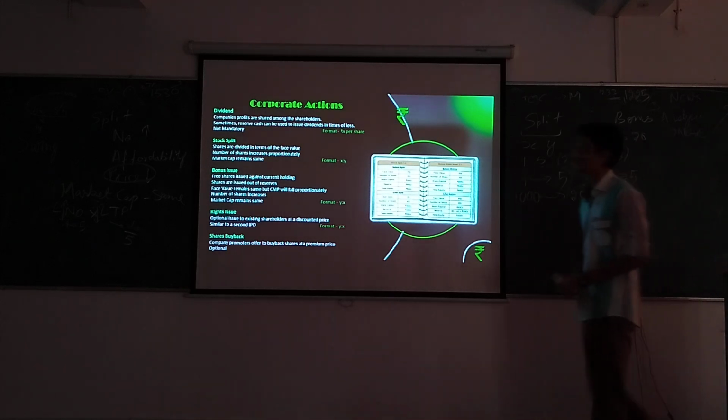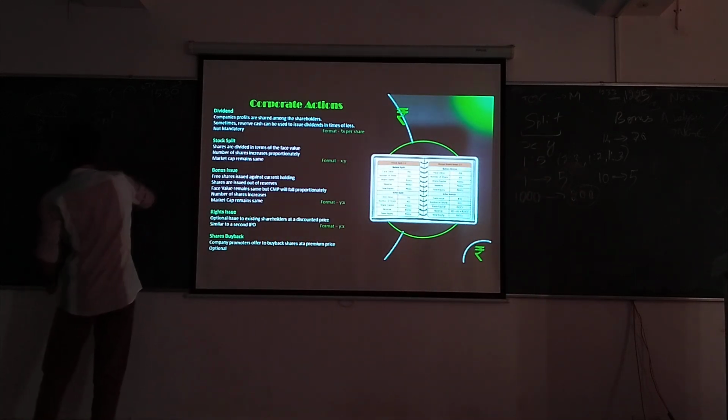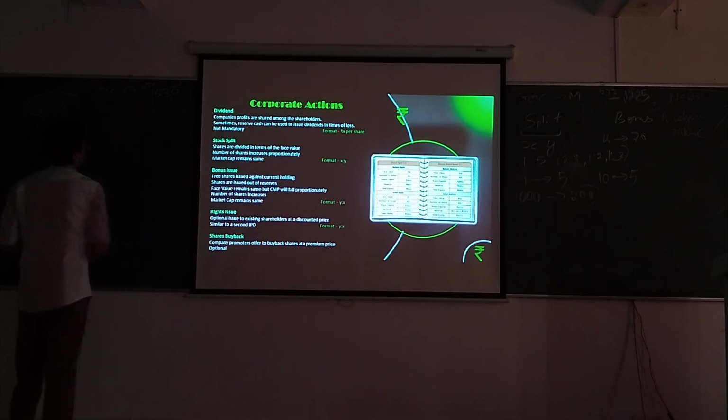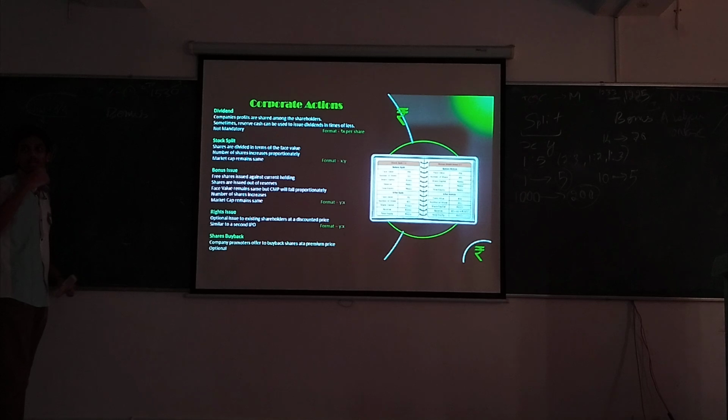Now the bonus issue: you don't split the share. In a bonus issue, it is issued in the reverse ratio, Y/X.